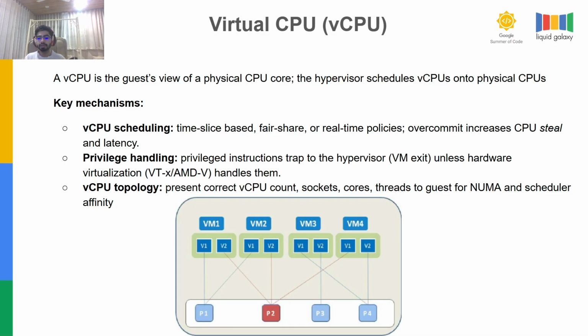These algorithms can be different, and your host operating system might use different kinds of algorithms or workflows. All these conversions are handled by the hypervisor software, privilege handling, and vCPU technology. These things are again handled by the hypervisor. You don't need to remember them, it's just that I've written them.